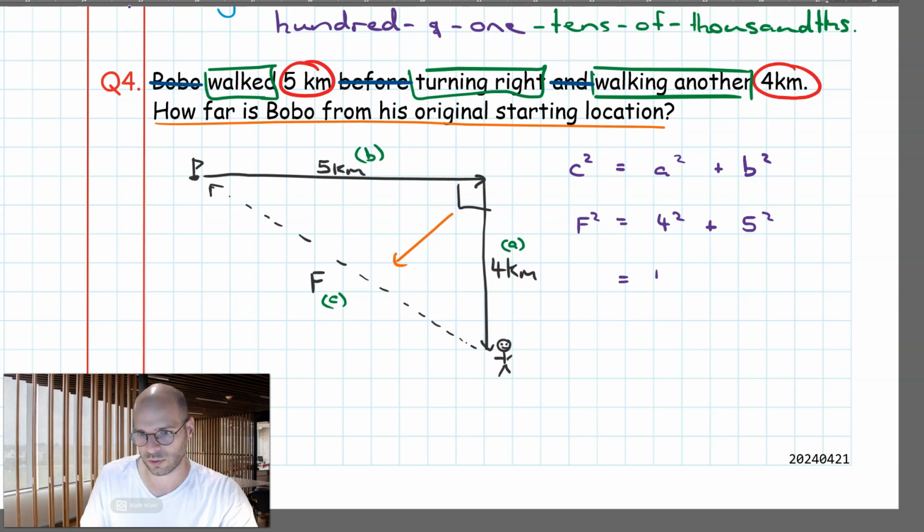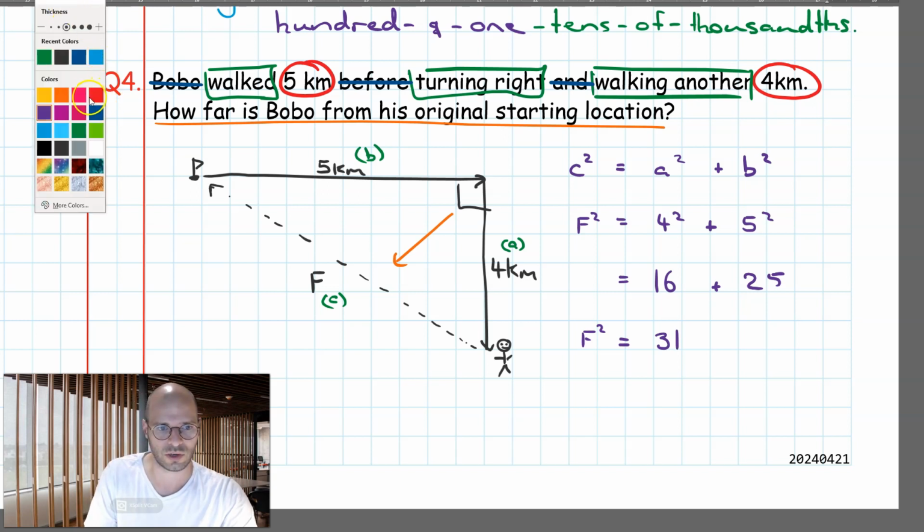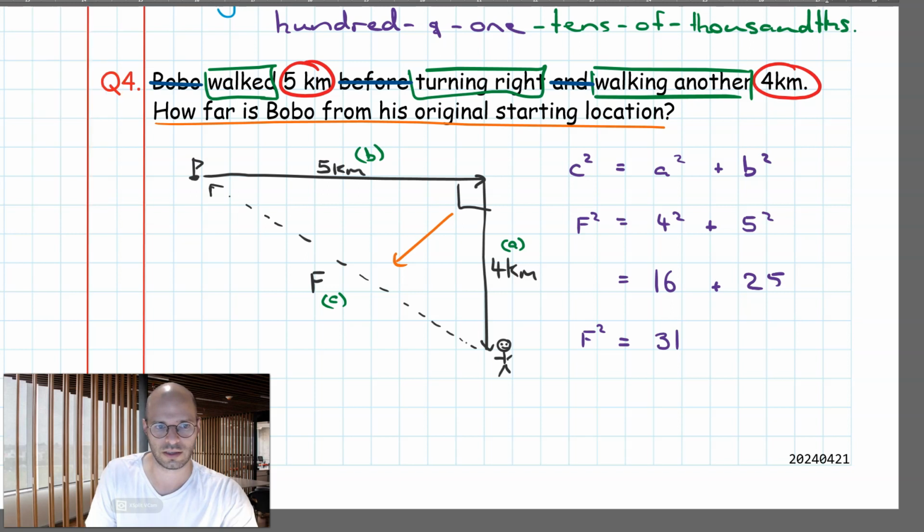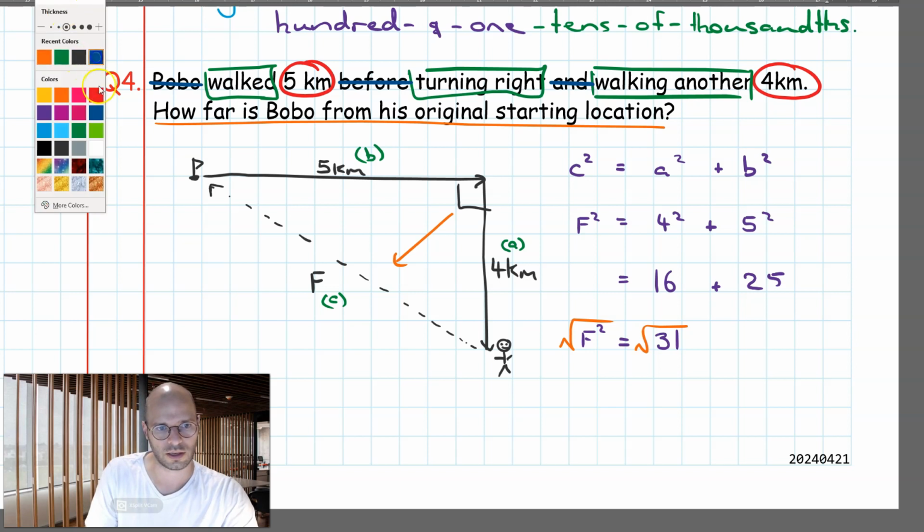Evaluating, 4 squared is 16, 5 squared is 25. Next, we're going to have still F squared on the left, and then 16 plus 25 is going to be 41. Now I don't care what F squared is, rather I care what F is. So what I'm going to do is I'm going to square root both sides.